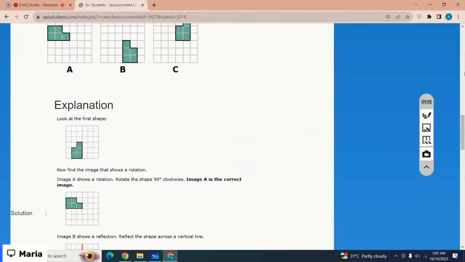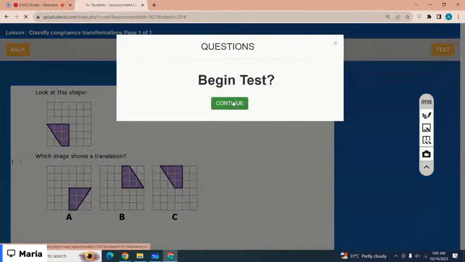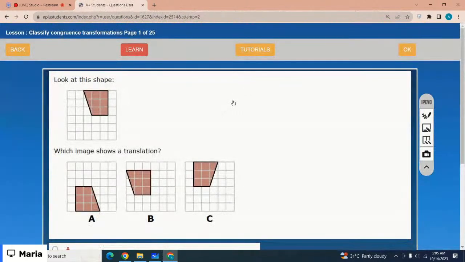Let's just start with the practice questions. Look at this shape. Which image shows a translation? A, B, C, which is the correct option?